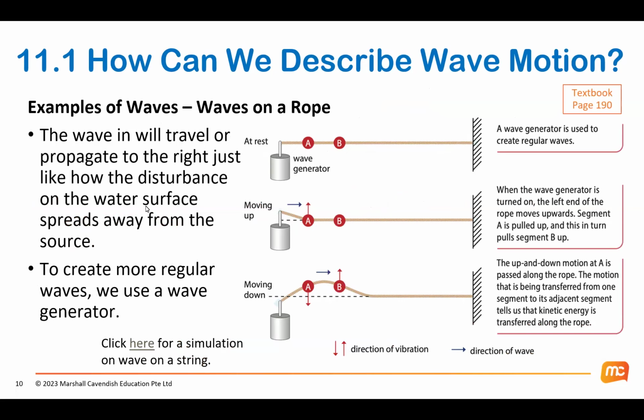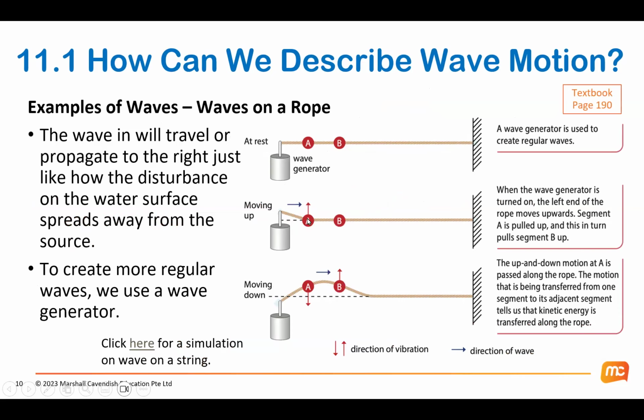Besides using your hand, you can also use a wave generator. This diagram shows a wave generator. It will move up and down to create this disturbance, and again, the wave travel will be away from the disturbance, in the direction of the blue arrow. A and B are particles on the wave. These particles just stay on the spot and vibrate up and down.